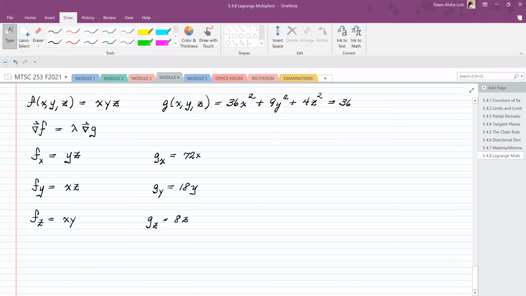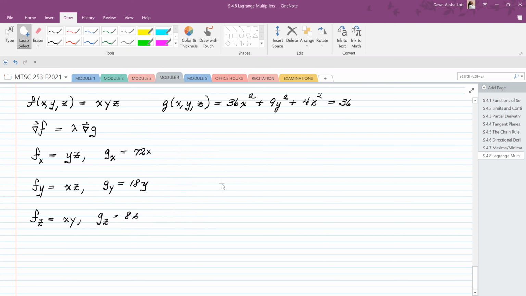So this gives me that YZ has to equal lambda times 72x.